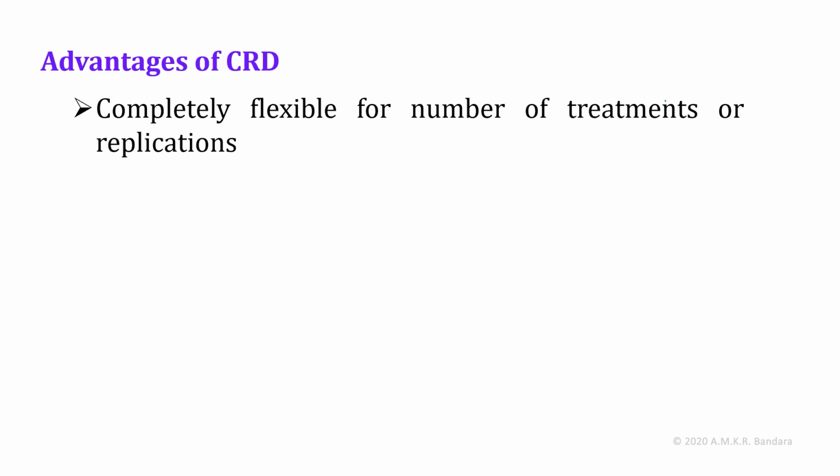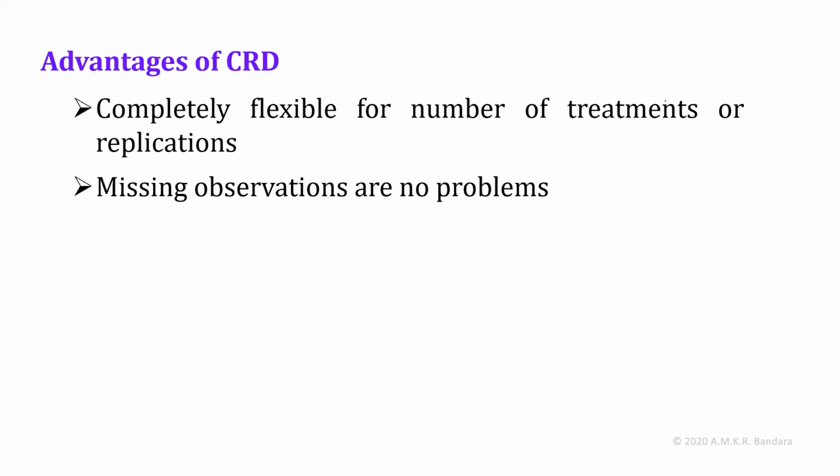Then the advantages of CRD. This design is completely flexible for the number of treatments and number of replicates. We can use any number of treatments and any number of replicates with this design. The second advantage is that missing observations are no problem.